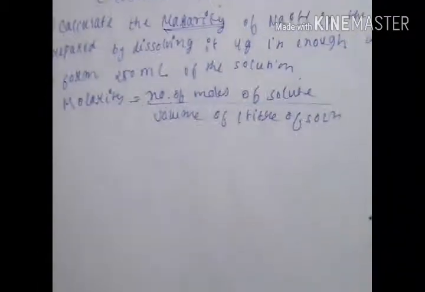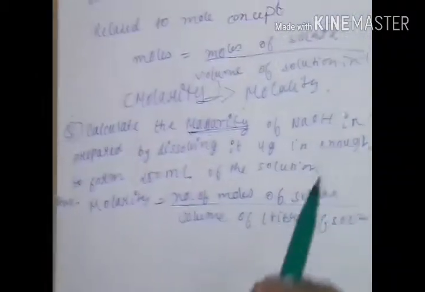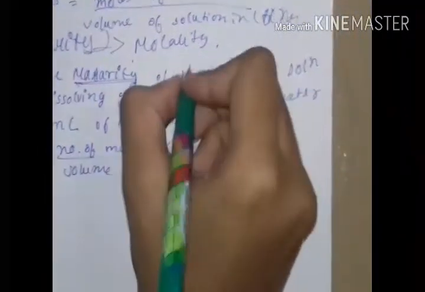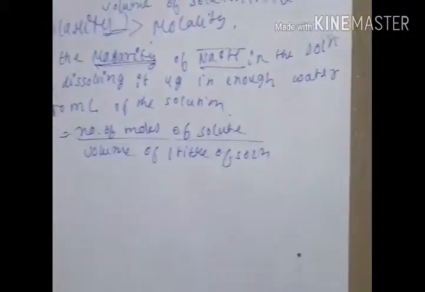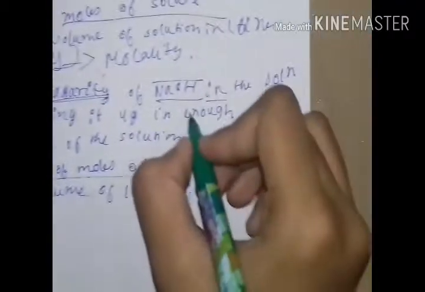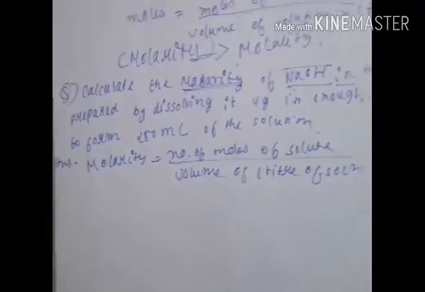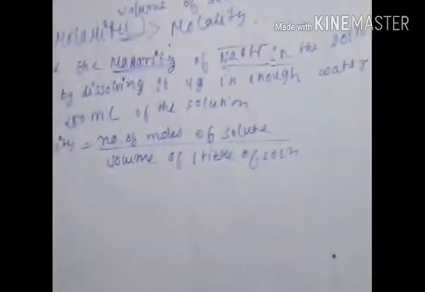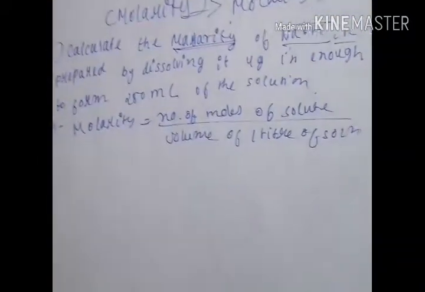So what is the question? Let's see. Calculate the molarity of NaOH. NaOH is nothing but sodium hydroxide. Calculate the molarity of NaOH in the solution prepared by dissolving 4 gram of it in enough water to form 250 ml of the solution.